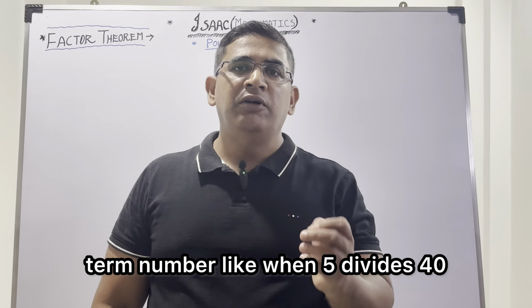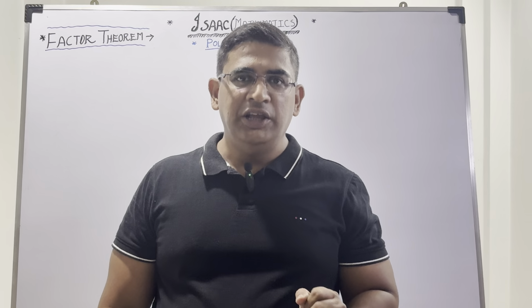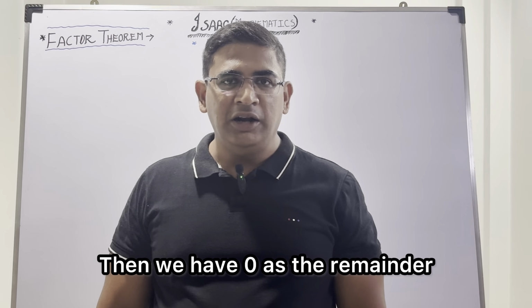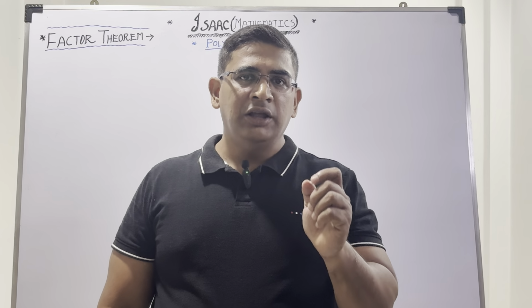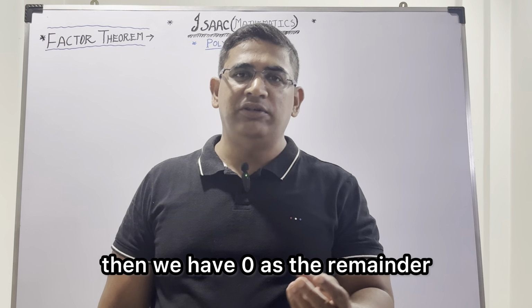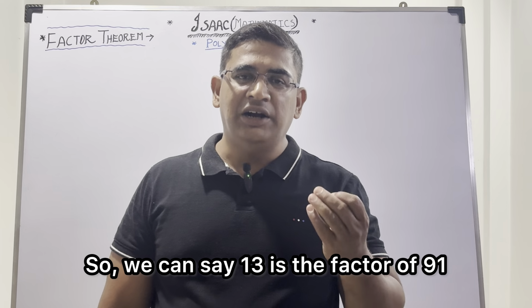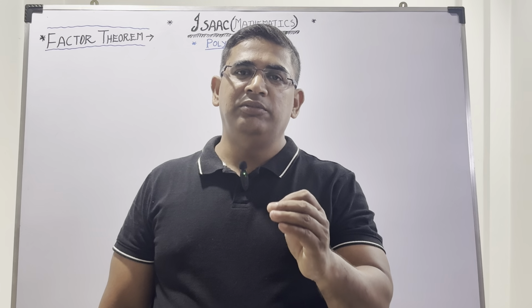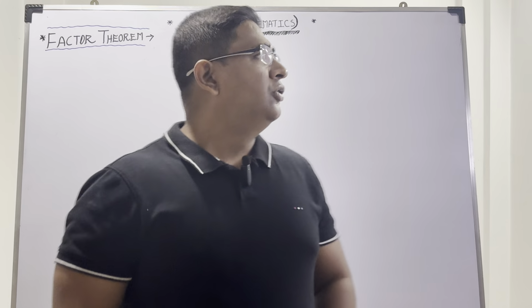Like when 5 divides 40, we have 0 as the remainder, so we can say 5 is the factor of 40. Similarly, when 13 divides 91, we have 0 as the remainder, so we can say 13 is the factor of 91.